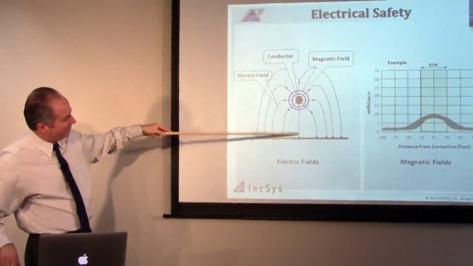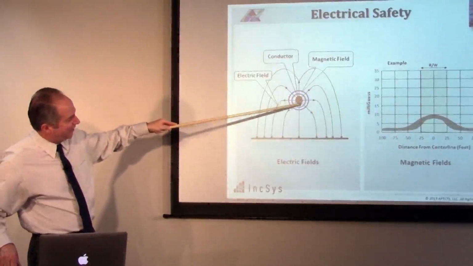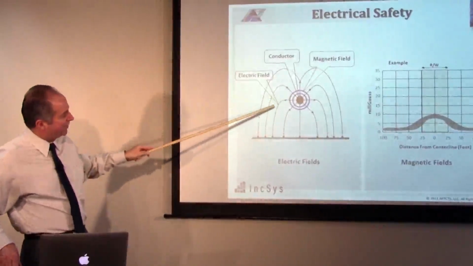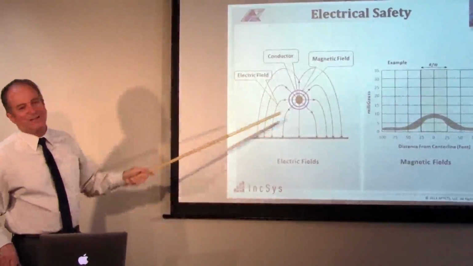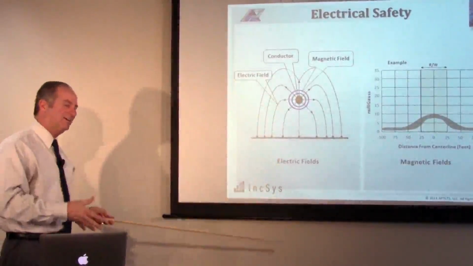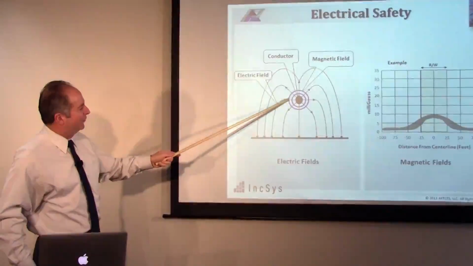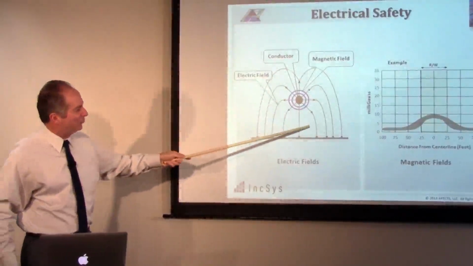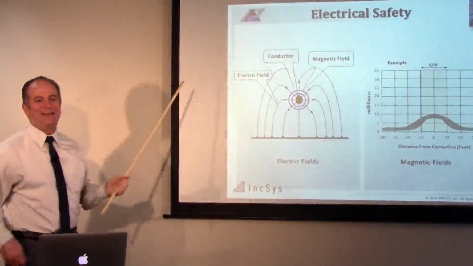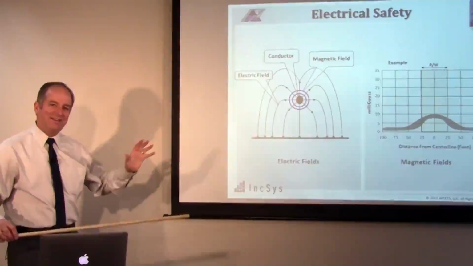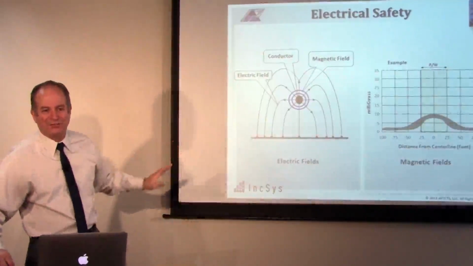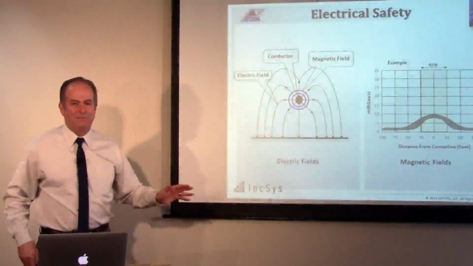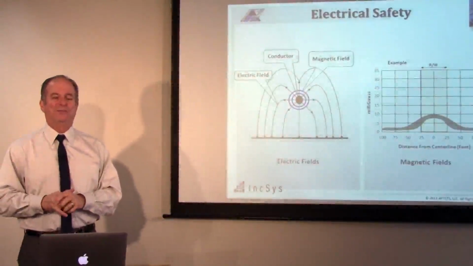You have a straight electric field line here, and as you go away, it's 90 degrees all the time. And the magnetic field has to be 90 degrees with the electric field. So these circles all get skewed to make sure we have 90 degrees where the magnetic field meets the electric field, and you get some crazy lines like this. You can have computers draw it perfectly, but that is the idea behind electromagnetic fields.